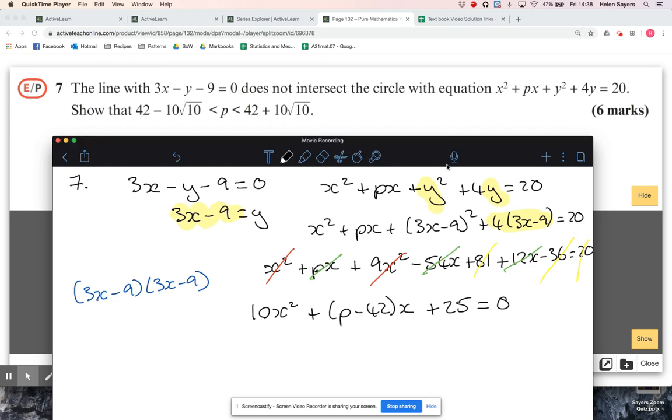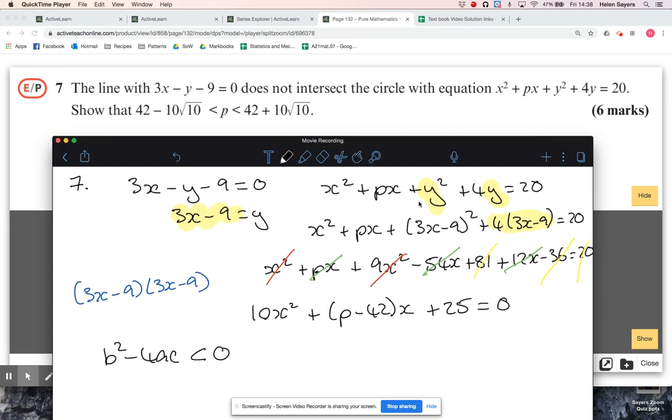So we've got quite a long way through this question without really thinking about where we're heading with it. But if we're saying they don't intersect, this should have no real roots. If it has no real roots, that's where the discriminant is less than 0.